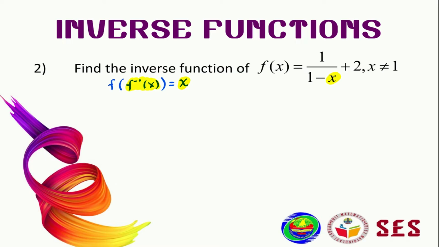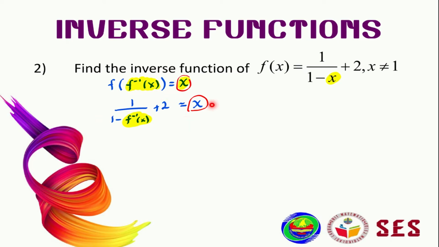So it should be 1 over (1 minus f inverse(x)) plus 2 equals x. Initially it was x, but it is being replaced with f inverse, and this x here is just from the property. Okay, so rearrange.